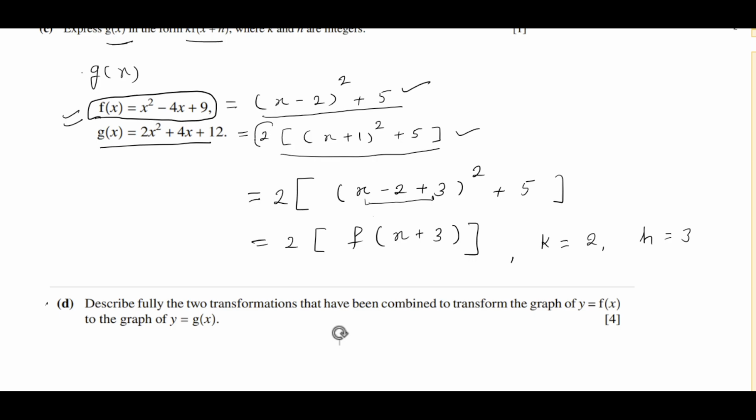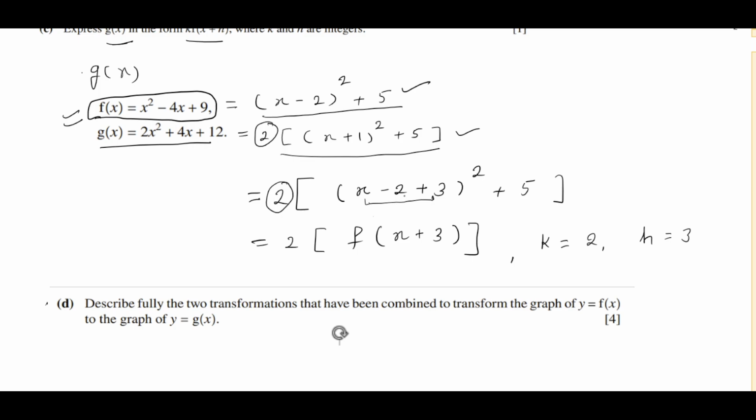So k times, this 2 is already outside. Now what I have done: this f(x) has x minus 2, right? This f(x) has a term x minus 2. But in g(x) I have a term x plus 1. So how will I get x minus 2 in this? So simply can I say x minus 2 plus 2 plus 1, that means plus 3? x minus 2 plus 3. Yeah. It is the same as x plus 1. Right? Yeah. Okay. Then plus 5.